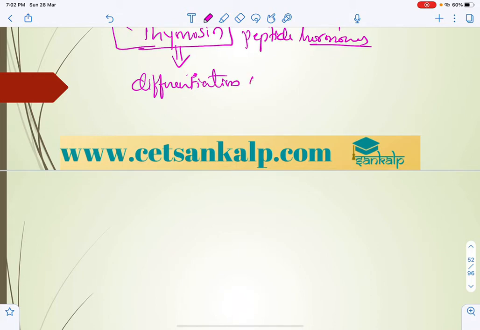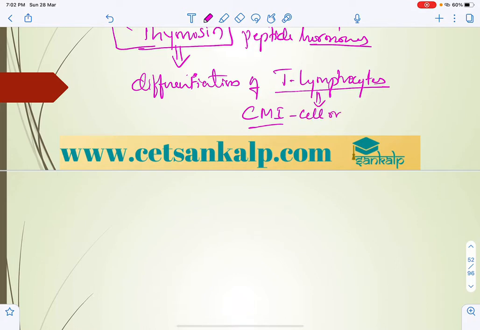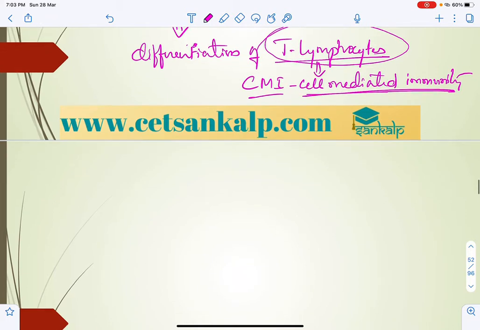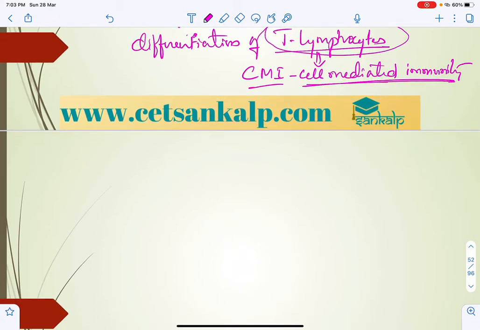Production takes place in the bone marrow, and differentiation of T lymphocytes occurs in the thymus. This provides immunity, specifically cell mediated immunity, which is very important. Cell mediated immunity is provided or mediated by T lymphocytes or T cells.